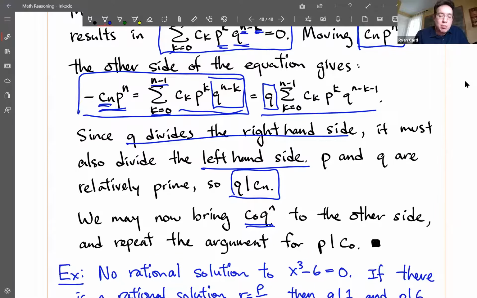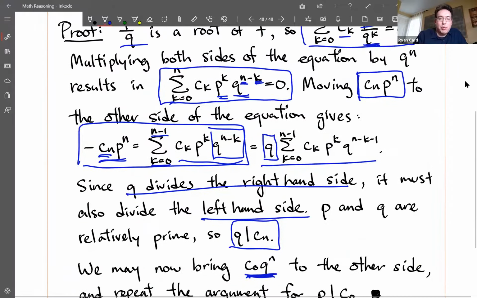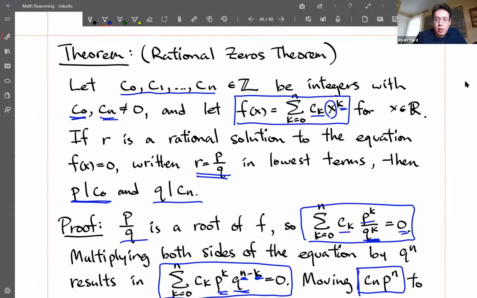And every other term on the right will have at least 1 p in it. So the right-hand side is divisible by p, which means this expression is also divisible by p. And since p and q are relatively prime, that must mean that p divides the constant term c0. So that's how you can prove the rational zeros theorem.